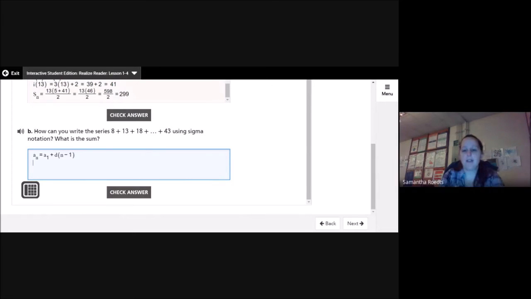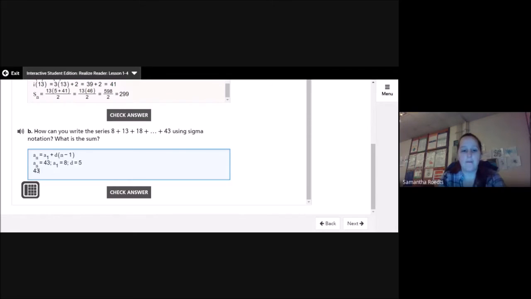So let's see, a sub n equals 43, a sub 1 equals 8, and my d equals 13 minus 8, which is 5. 18 minus 13 is 5. Okay, so d equals 5. So I add 5 each time.